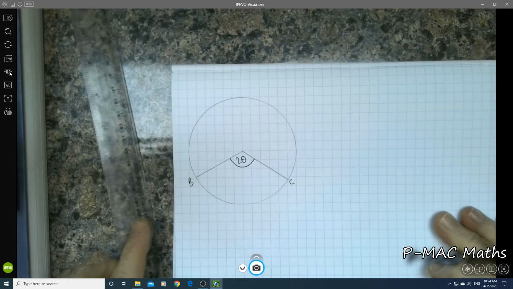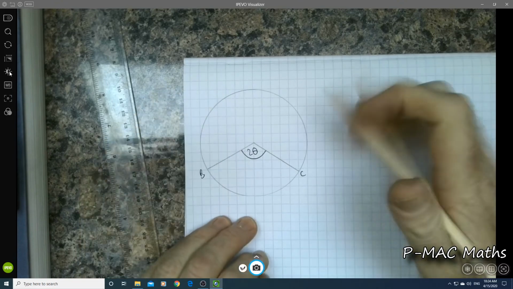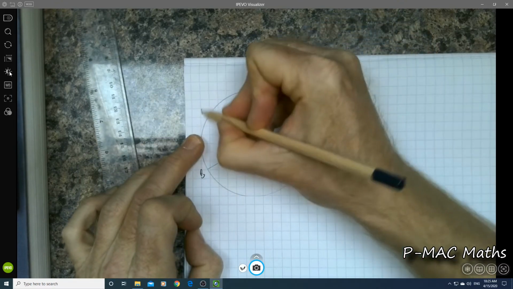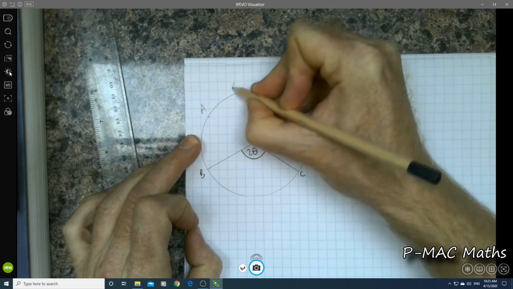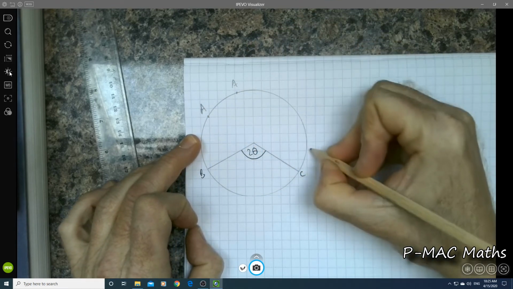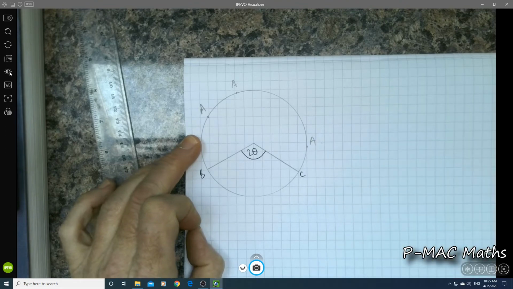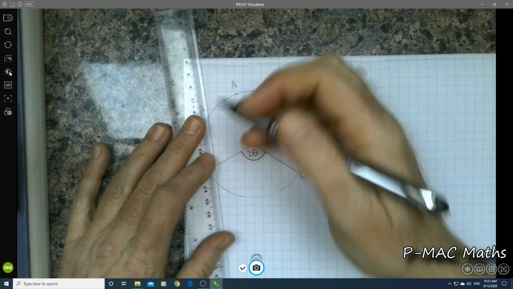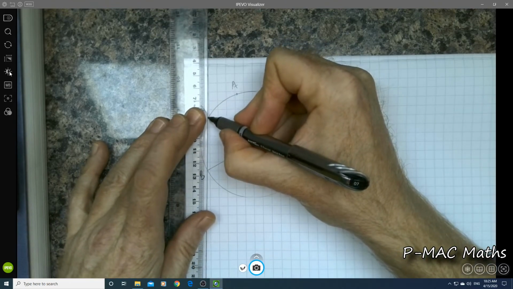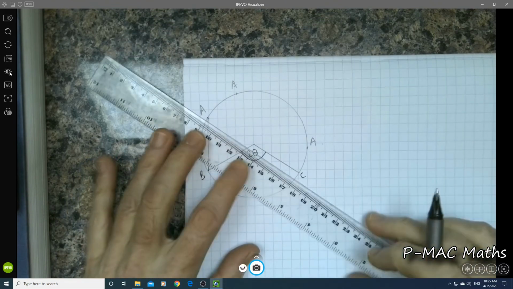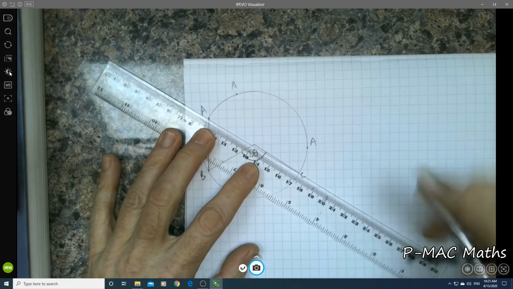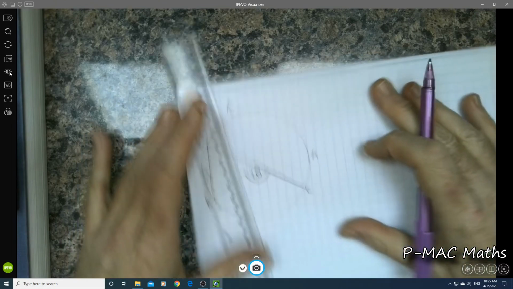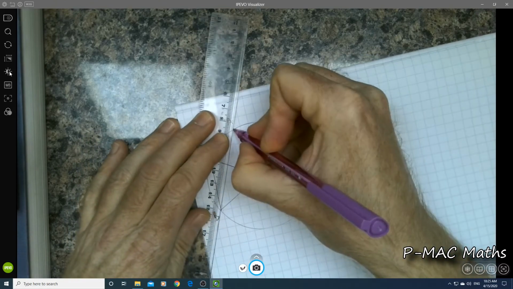And this is the first sort of important observation here. It doesn't really matter where I put A. So I could put A here, or here, or even over here. And I'm going to use some colour this time. So let's label this one in black like this. Or I could label this one here like this.